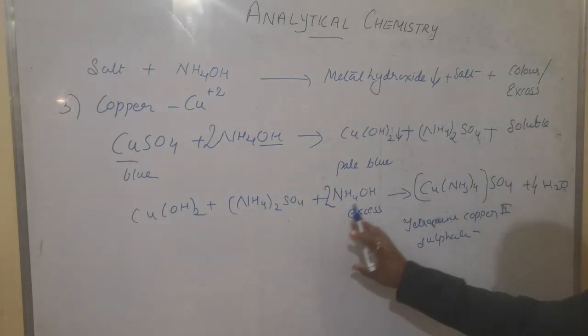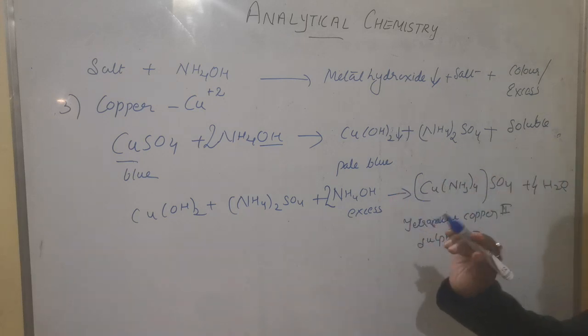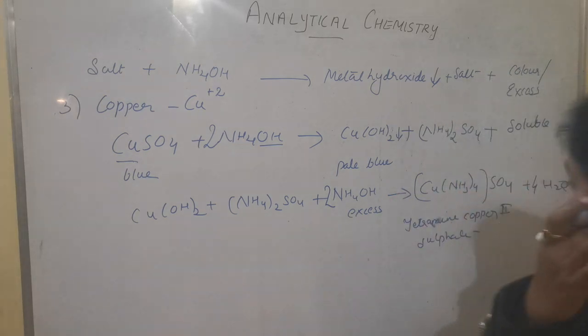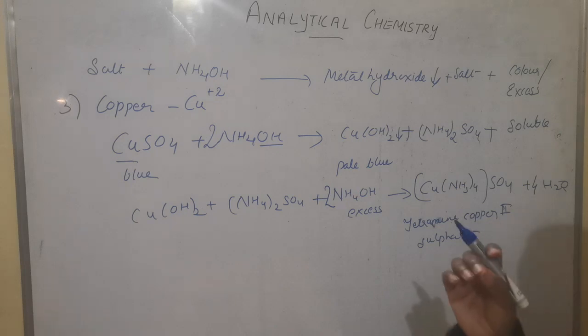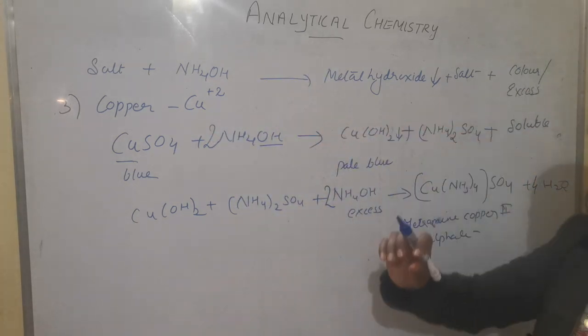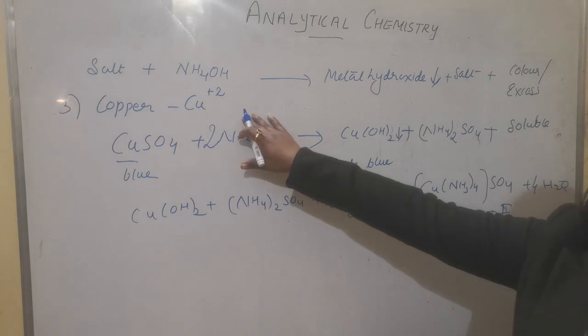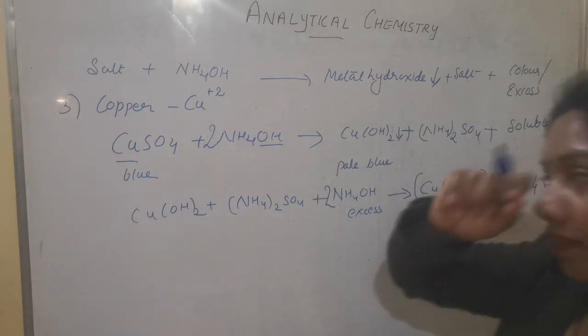Means the color that you get here when NH4OH is added in excess, the deep blue colored solution, is the characteristic of this Cu2+ ion. Means if you are getting this type of solution while performing qualitative analysis, you could immediately confirm the presence of Cu2+ ion in the given salt.